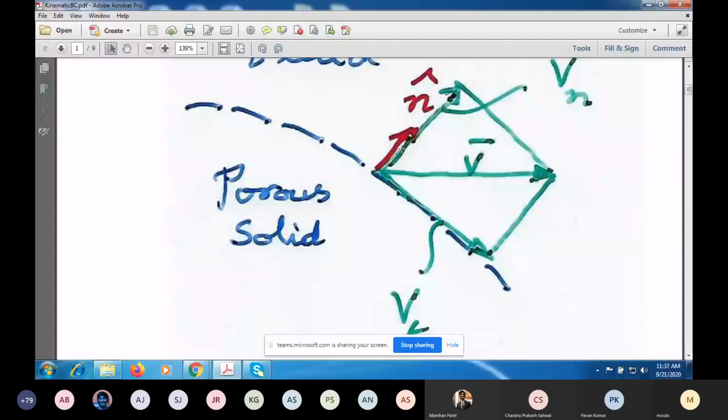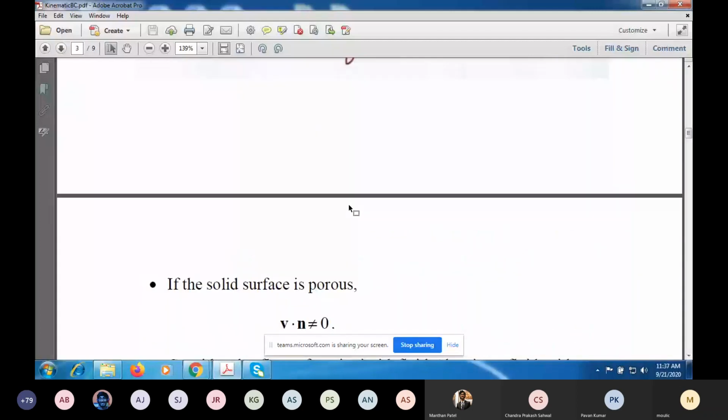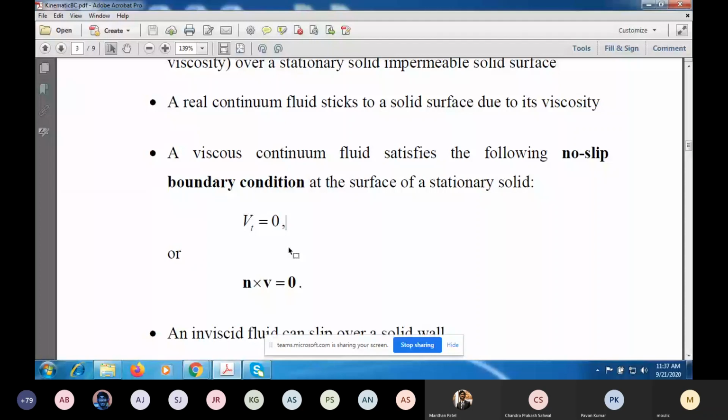But if you take n cross v, it will give you a vector which is lying in the plane which is normal to n. So if you want to generalize, then you will have Vt1 equal to 0 and Vt2 equal to 0 for a 3D case. But n cross v equal to 0, if you say it is a vector equation, takes care of both the tangential components of velocity.